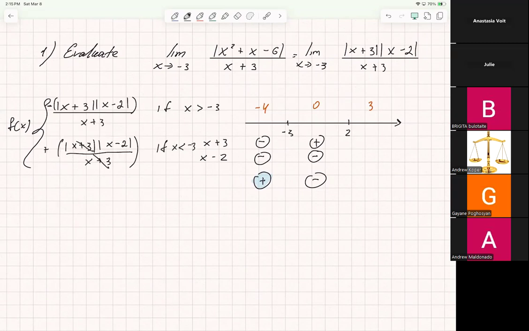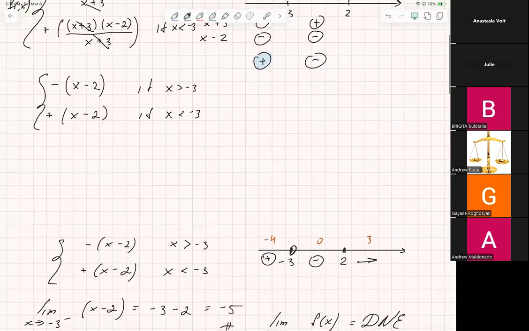Now here you can cancel, and we have negative x minus 2 and positive x minus 2, if x is greater than -3 and if x is less than -3.